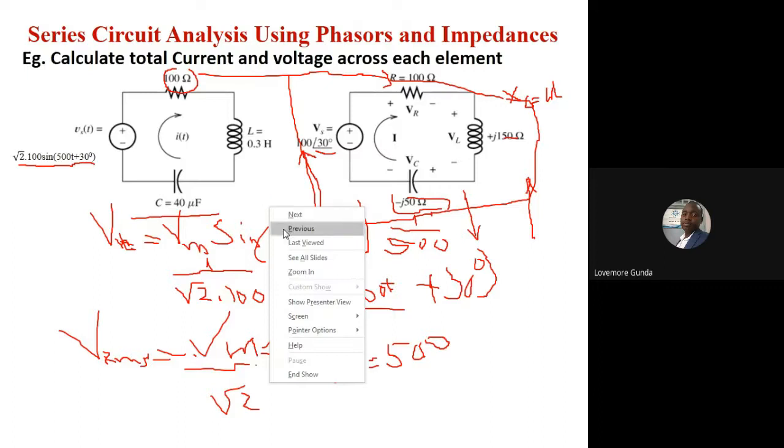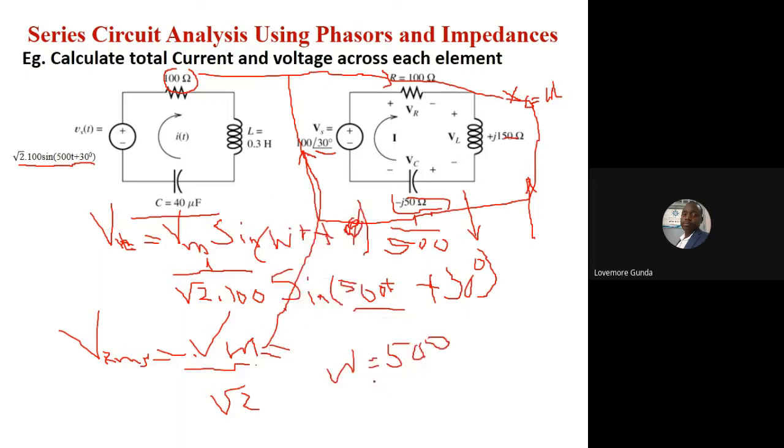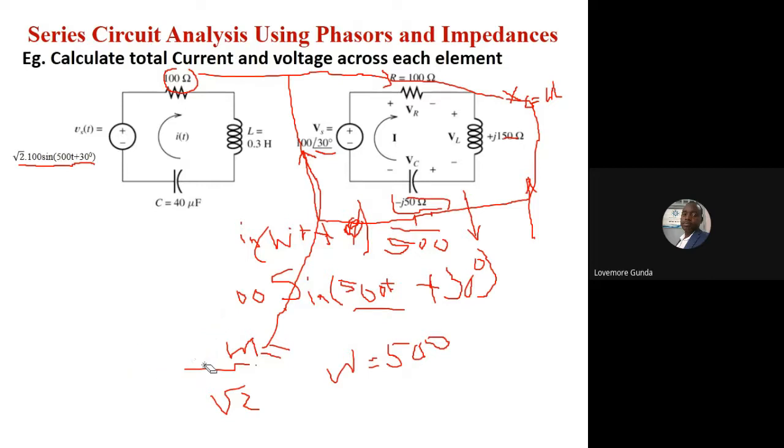Let me remove what I was writing here so that we can see what follows. So I'm explaining this very slowly because that's the most important thing for you to know. After that, you realize that there's nothing difficult with the AC circuits, besides the fact that the calculations now involve complex arithmetic.